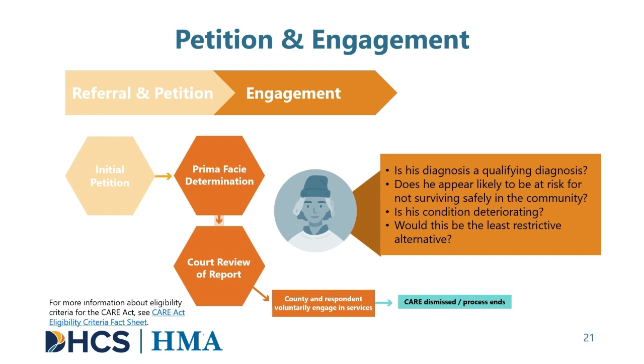While assessing for Michael's eligibility, a few questions could be asked about a qualifying diagnosis, if he appears to be at risk for not surviving safely in the community, if his condition is deteriorating, and would be the least restrictive alternative. And then what would happen next. Based off of the information, the court will review the report and determine next steps.